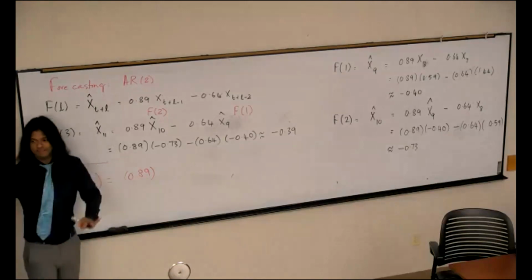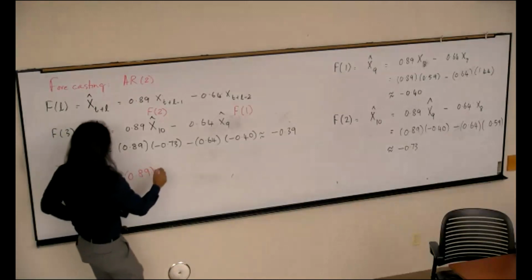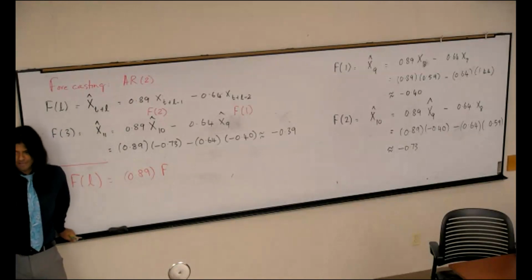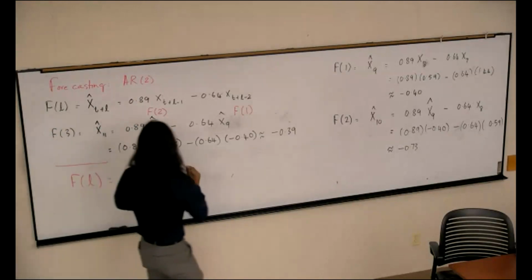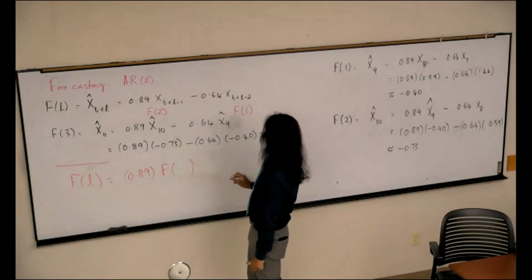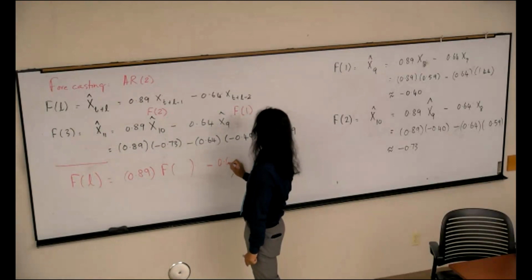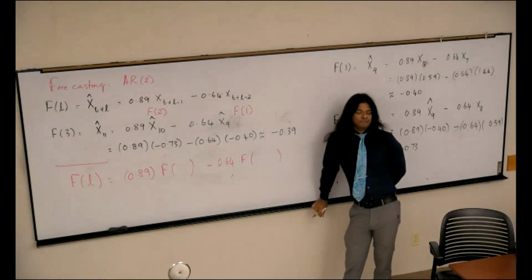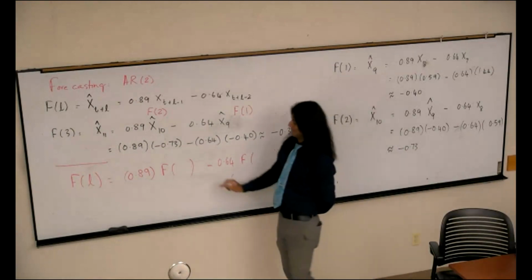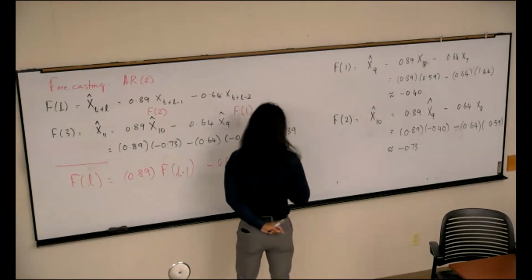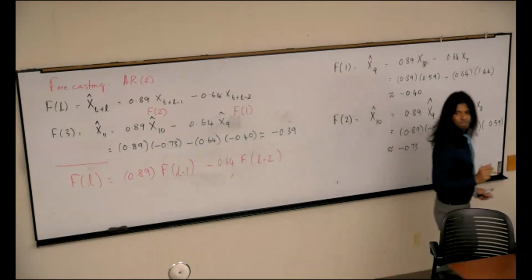Just in terms of f. So f is not the forward operator, rather it's the forecast function. So f, something's got to go there. Minus 0.64 f, something else got to go there. Would be f of L minus 1 and f of L minus 2. Do we agree?